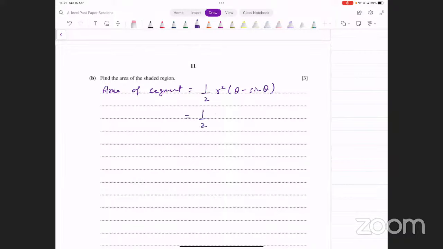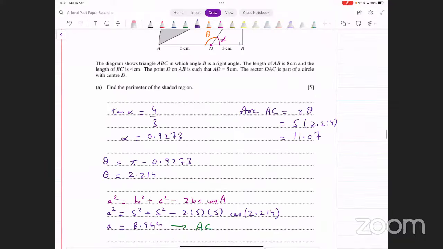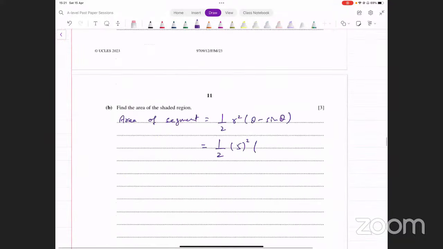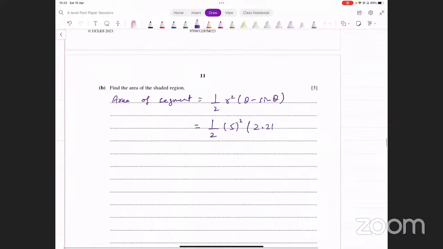You know the radius is 5, so that's half into 5 squared. Theta is 2.214. Let's input that: 2.214, subtract from that sine of 2.214. Just put this whole thing on a calculator. 25 divided by 2 into 2.214 minus sine of 2.214 turns out to be 17.67.